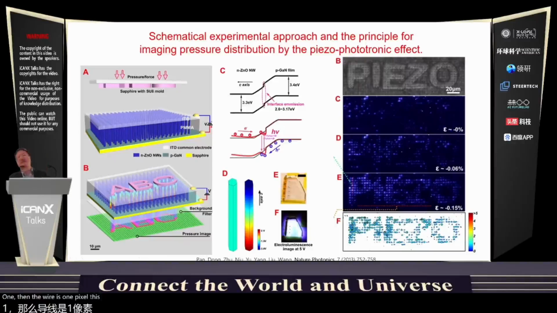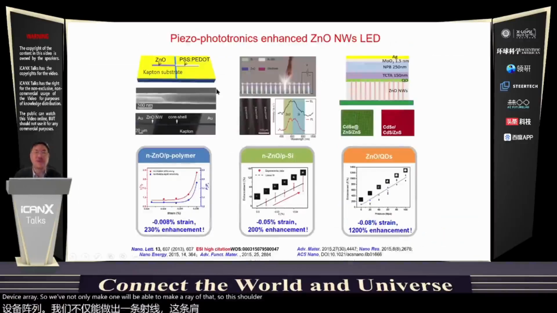This is something very important. It shows we can make an array of devices. This piezo-phototronic device array. So we not only make one, we're able to make an array of that. So this shows the piezo-phototronic effect proposed.